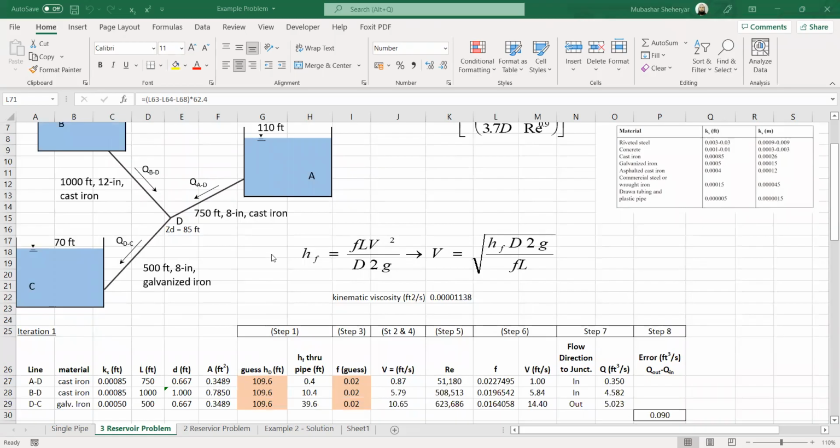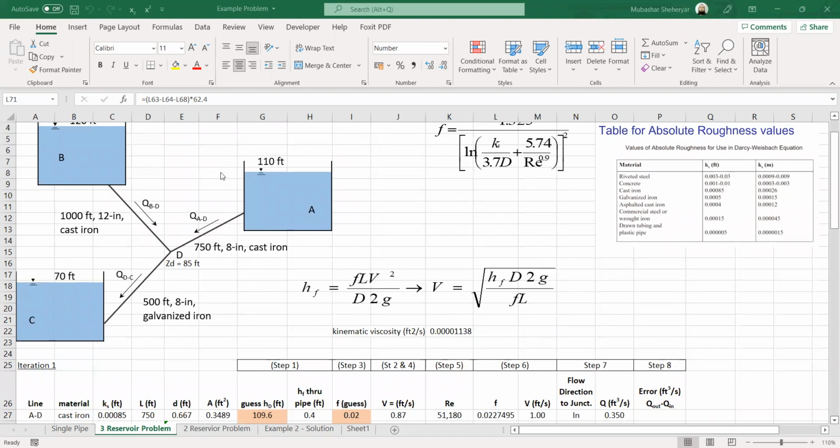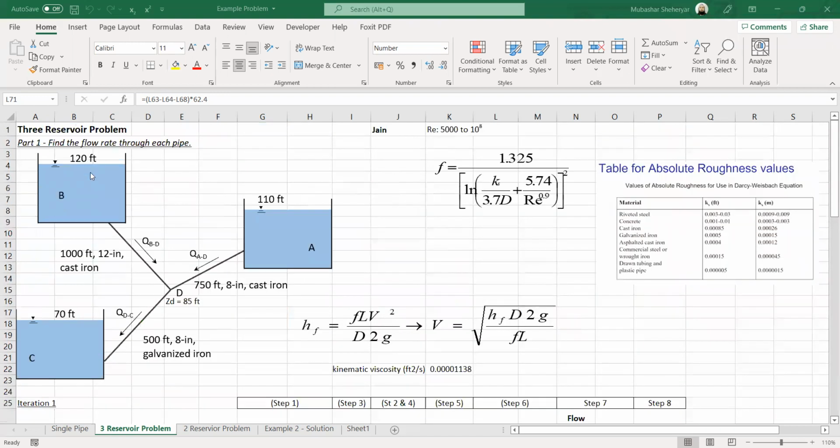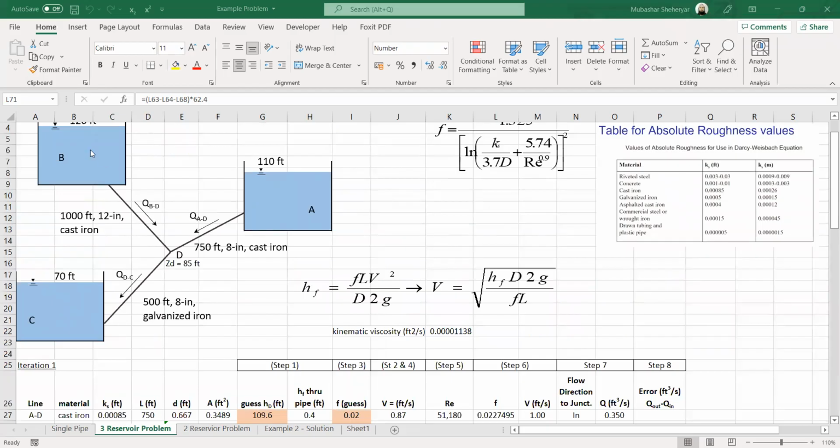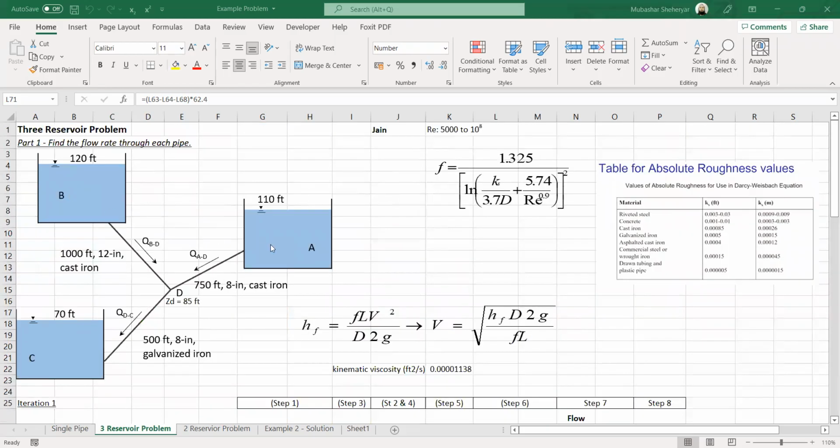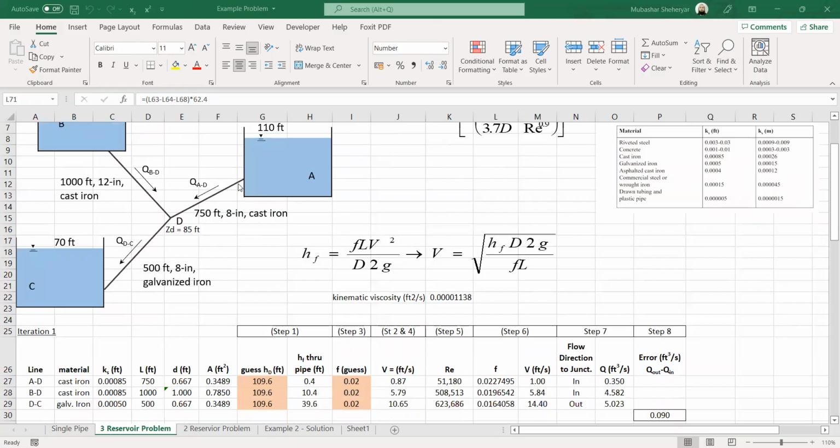Based on this pressure head, I will calculate the losses occurring in AD, BD, and DC, because based on the pressure we can see that the pressure head will be less compared to the head at reservoirs B and A. When water flows through a pipe, there is always pipe friction, and due to that friction the losses occur.